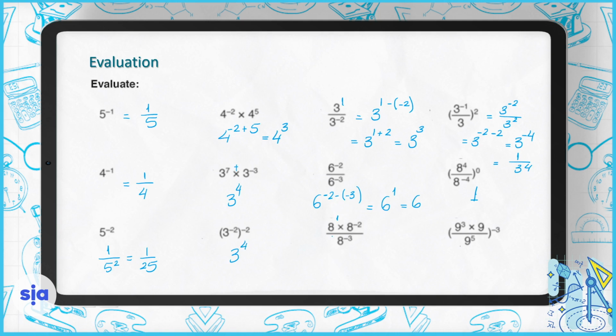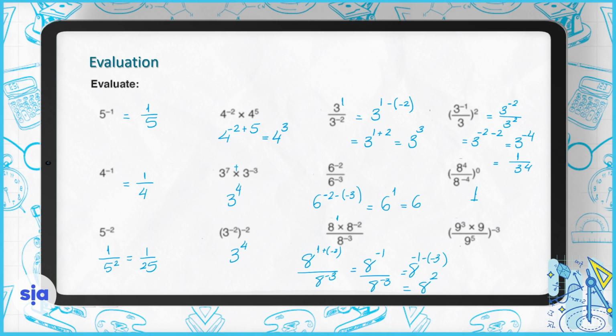In this question, it's 8 to the power of 1 plus negative 2 over 8 to the power of negative 3. So it's 8 to the power of negative 1 over 8 to the power of negative 3. We subtract the powers, so it's negative 1 minus negative 3. Then the result is 8 to the power of 2.